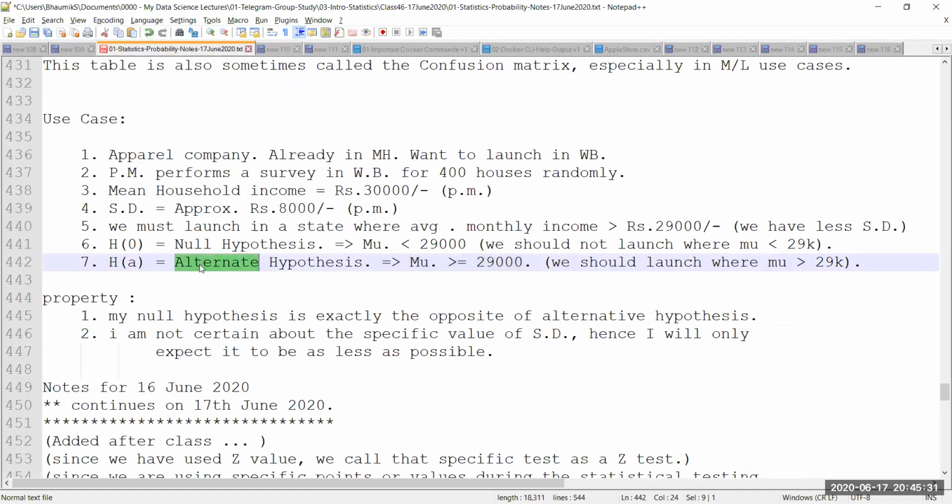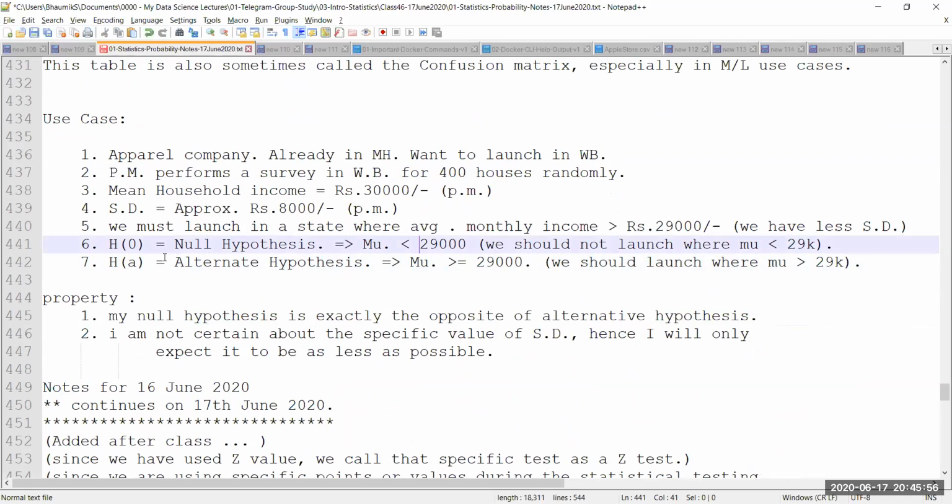So we accepted the alternate hypothesis. Because we accepted the alternate hypothesis, I'll say this statement to my client, or to my company: we should launch, where my alternate hypothesis is proved, or the average income per household is going to be greater than 29,000, which is the case in this state, and that's why I'm going to launch.